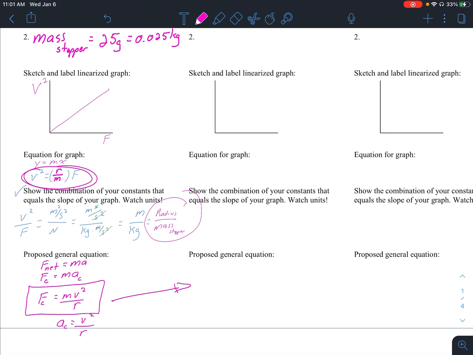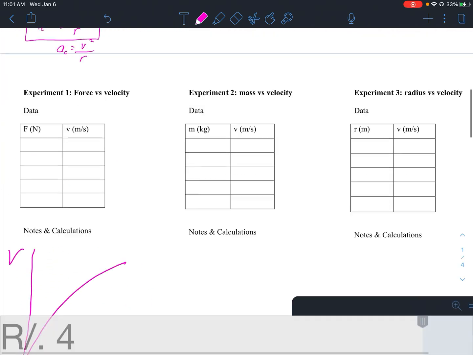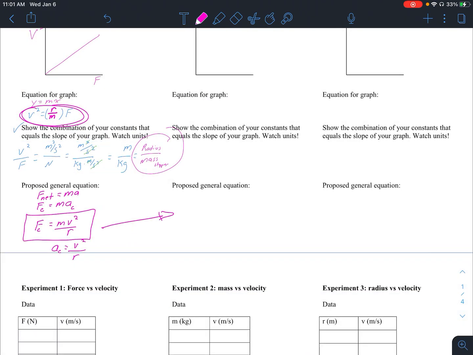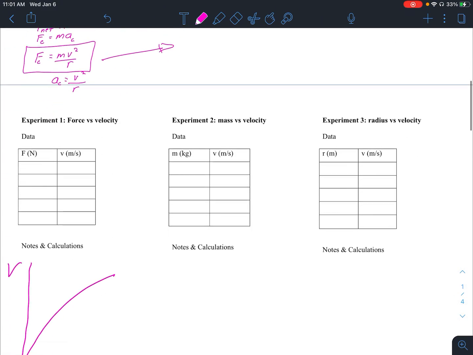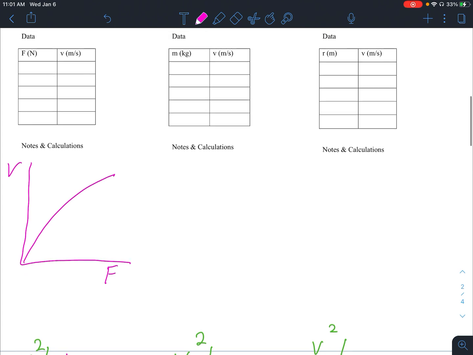Before you do that, I'm going to need to help you out with the graphs. So for mass and velocity, our graph should look kind of like, hold on one second, this is messed up a little bit.